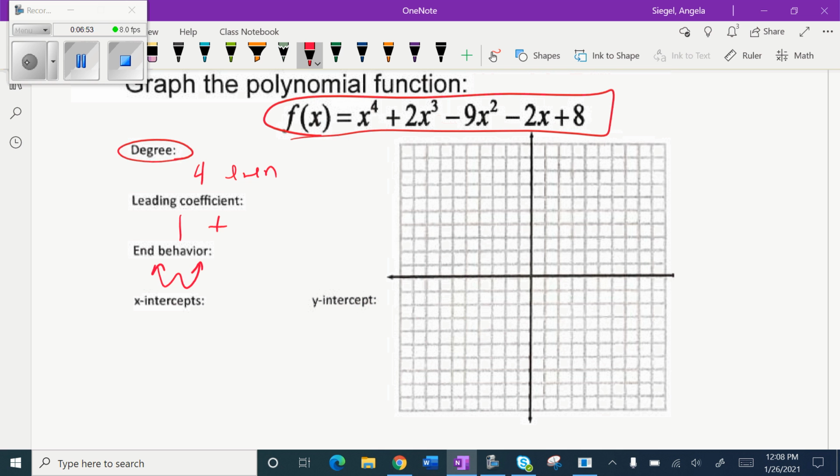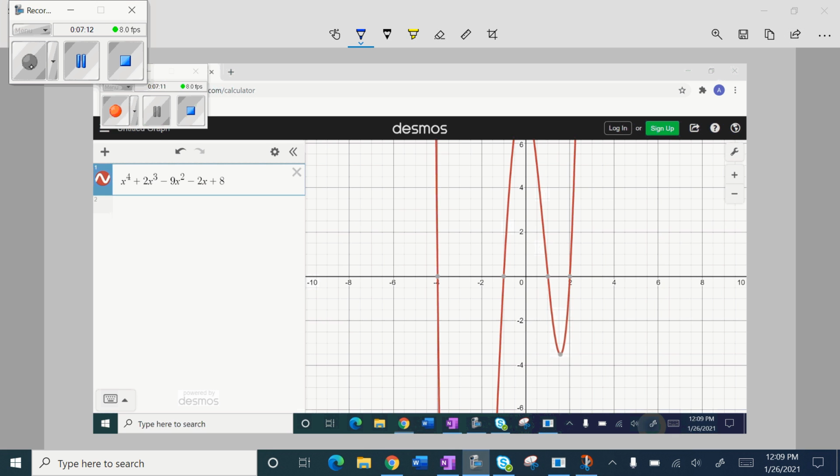So I know that my end behavior is going to be positive infinity, positive infinity. I also know that if I put zeros in for all x, my y-intercept is going to be (0, 8). My x-intercepts, I don't know. So that's what I'm going to use Desmos to help me figure out.